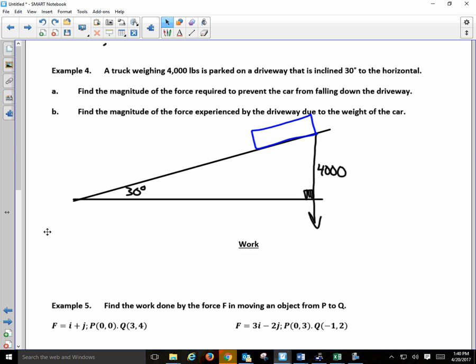However, this blue line represents the force against the driveway. And this red dimension represents the holding force.